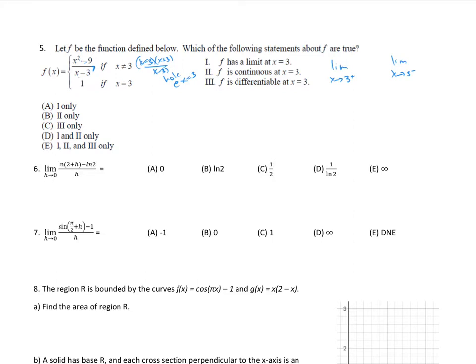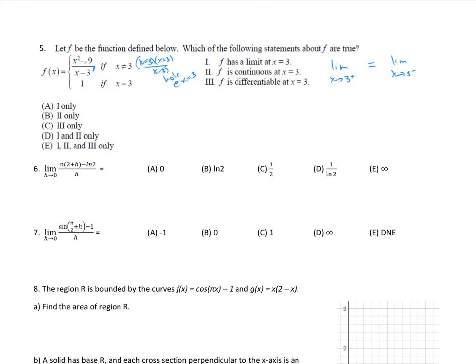So you get something like 0.1 over 0.1. And if you approach it from the left, you're going to get the same thing. You're going to get negative on top, negative on bottom. Those cancel each other out. So you'll end up with these two limits equaling the same value. So that tells me it does have a limit. But it's not continuous because we know that there's a hole there. And because of that hole, it's not going to be continuous or differentiable.